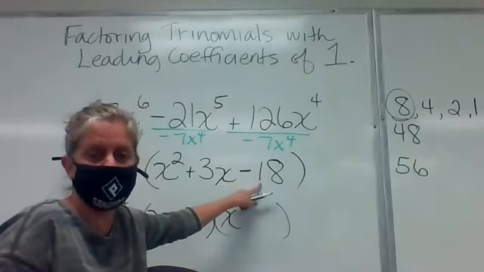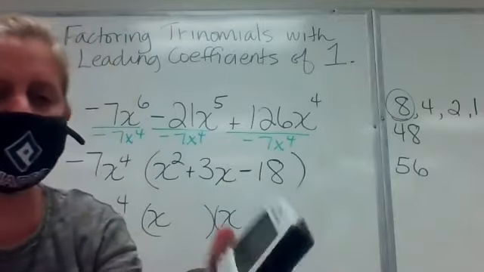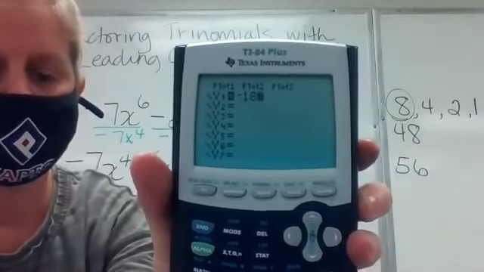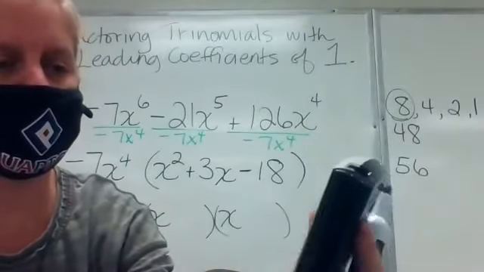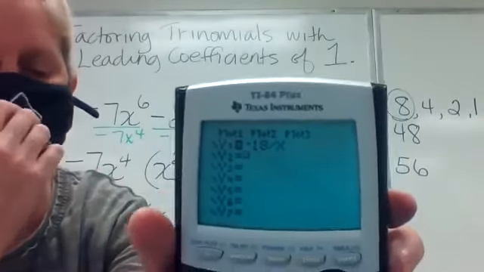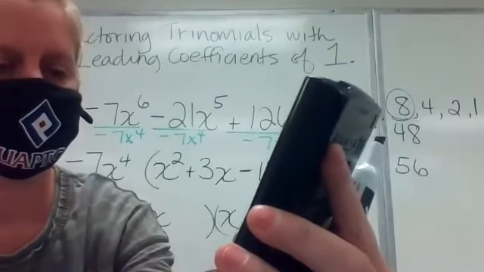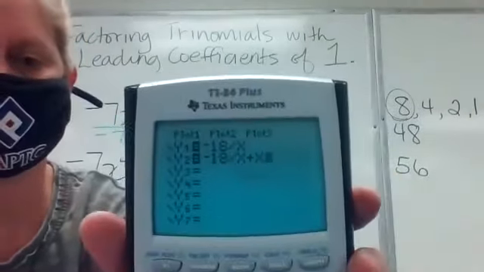That's the number I'm putting in, my y equals. So I'm putting in negative 18 divided by x. Then what am I going to put in the second one? I'm going to do it again. Negative 18 divided by x. And I'm going to do plus x.